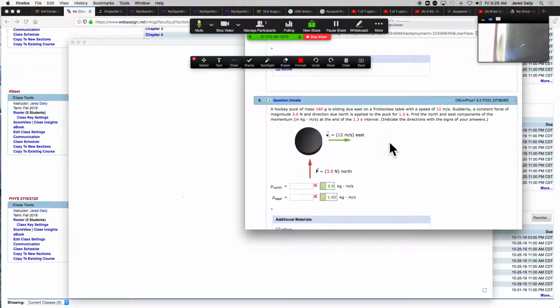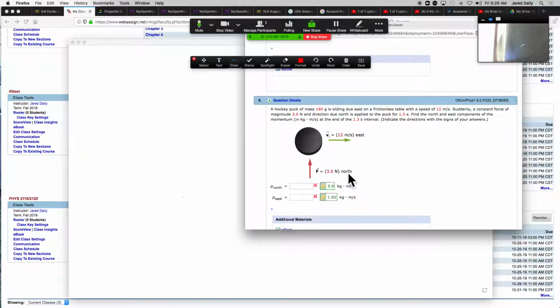And then a force acts on it, pushing it north for 1.3 seconds. In other words, there is an impulse which causes a change in momentum. So the original momentum is to the right. The final momentum is going to keep its momentum to the right, because the force upward isn't going to change that at all. But the force upward is going to give it some momentum upward. So its final momentum is going to be pointing upward and to the right a little bit. We don't know how much yet.